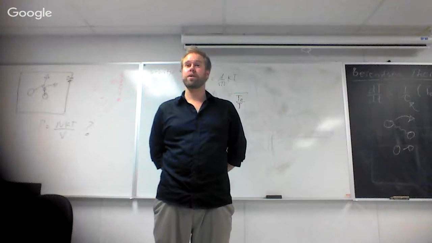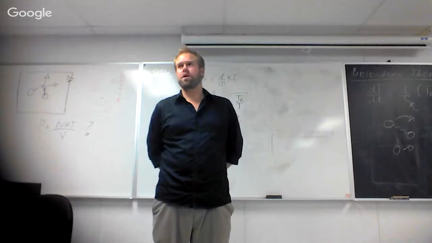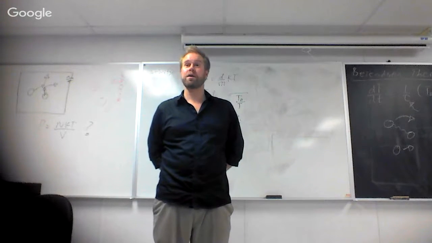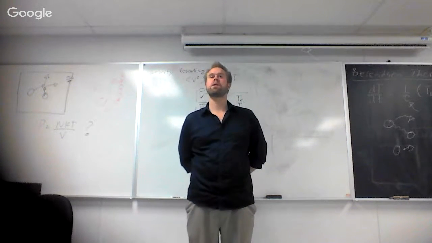Yeah, if we're in contact with a heat bath, these things are changing that way. So this is called a stochastic thermostat. Yep, like randomly choosing which ones to rescale. Not even rescaling, just setting.